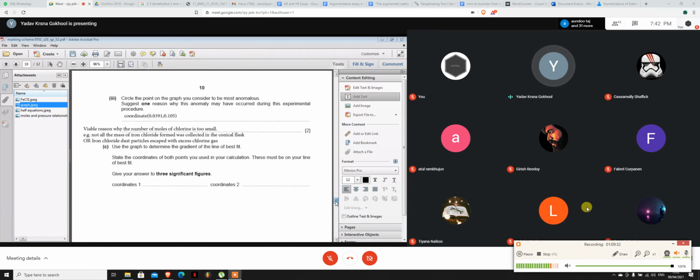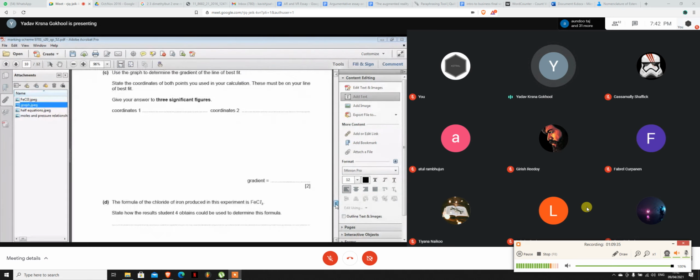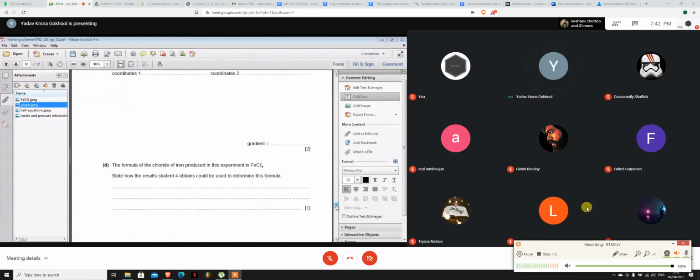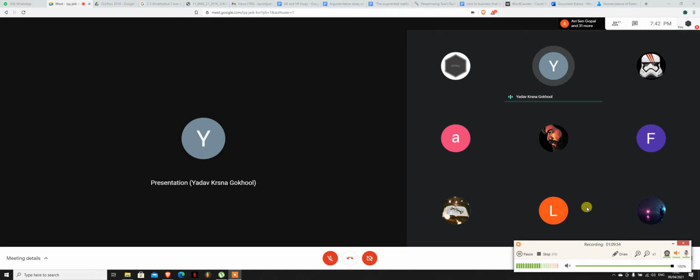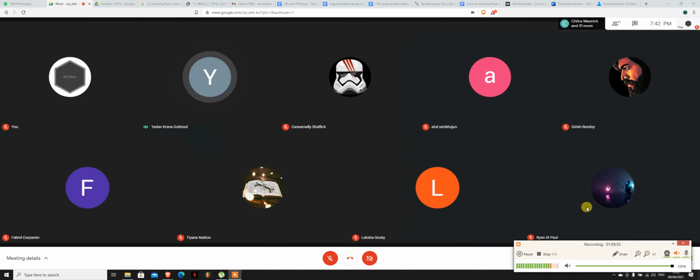in the coordinates, you just take your coordinates, you take your gradient, and I hope that all of you have been able to show how to get FeCl(x). It was very easy. Okay, you just have to calculate the ratio of Fe to FeCl(x). It is same as empirical formula.